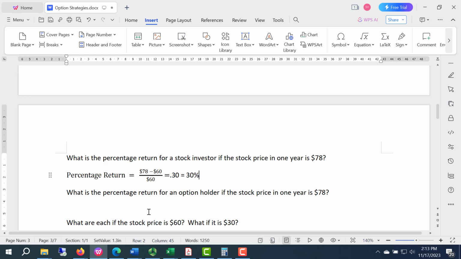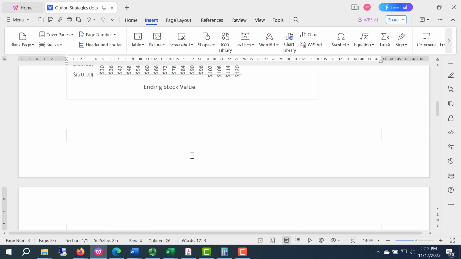On the other hand, if we purchased the option instead of purchasing the stock, if the stock price in 1 year is $78, in this case our profit would be equal to the exercise value. So it's the maximum of $78 minus the strike price of $60 on that option, or 0, minus the initial investment.